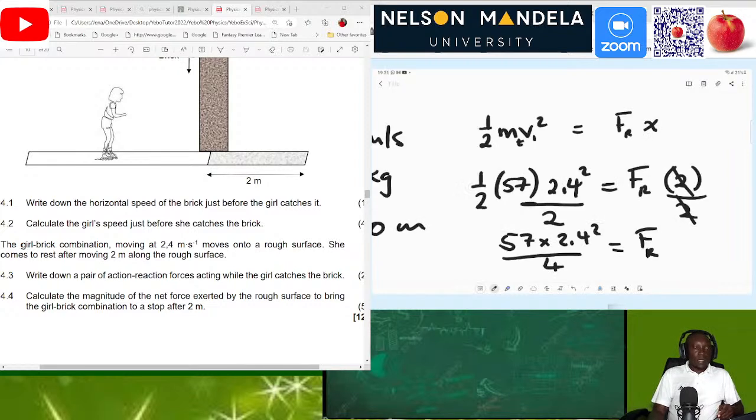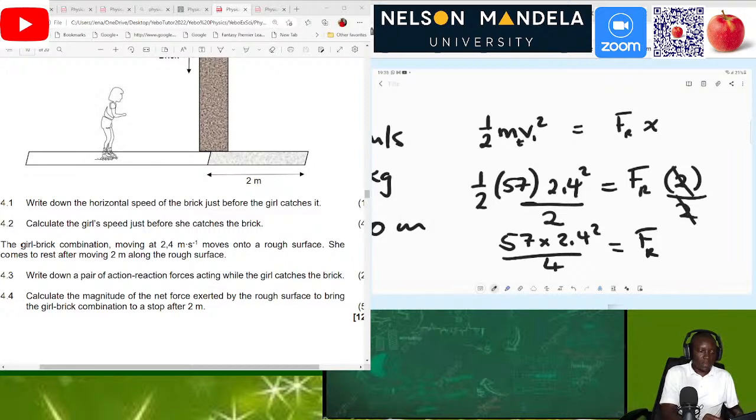You can calculate that again and tell us what you get. I'm going to do the calculation also: 57 multiplied by 2.4 squared, close bracket, divide everything by 4. I'm getting 82.08.